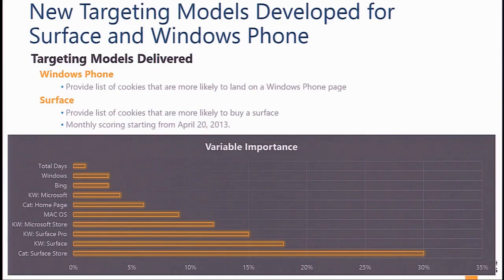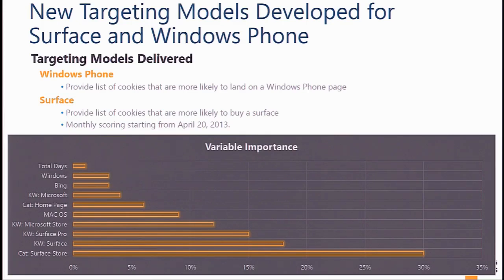And the chart at the bottom of this slide shows the most important variables for this model. It turns out that these are your top predictive variables that will actually predict with high accuracy the likelihood of a customer buying Surface. No surprises, you'll find, so the ones with the highest bars are the most influential, right? So surprise, surprise, you find that the most predictive variables are those ones that have something to do with Surface, right?